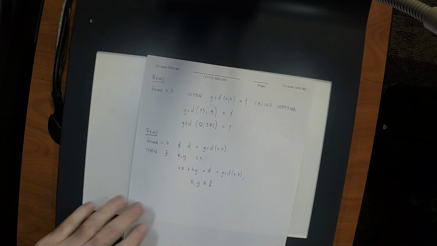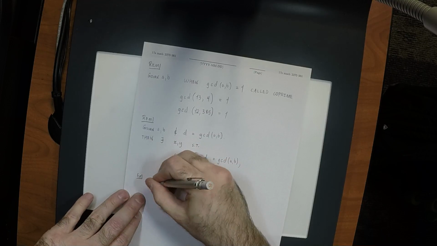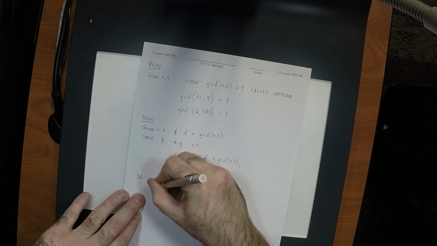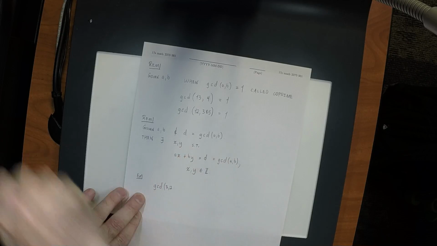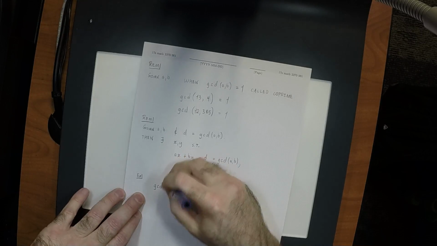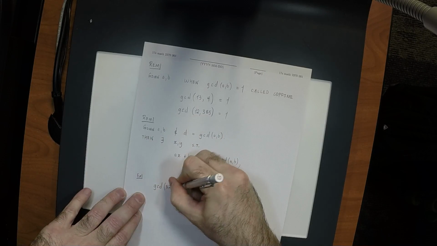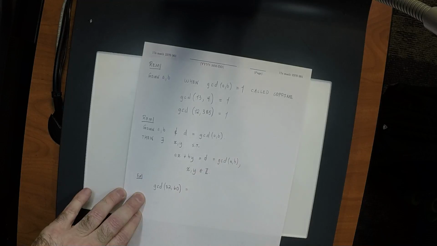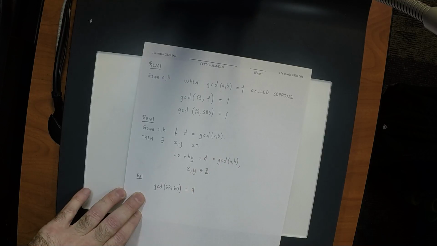So, for example, 2 pages ago we established that the GCD of 32 and 60 is what? 4. So we did that 2 pages ago.